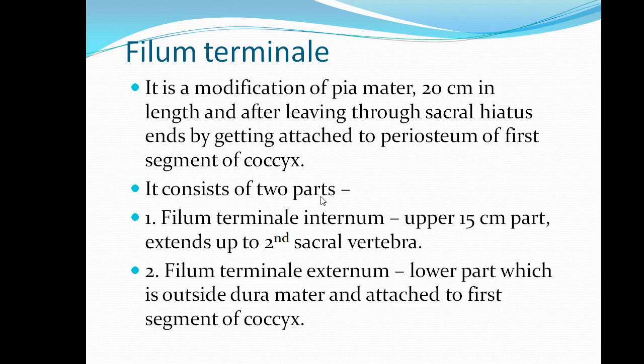It consists of two parts: filum terminale internum, which is the upper 15 centimeter part, which extends up to the second sacral vertebra; filum terminale externum. It is the lower part of the filum terminale, which lies outside the dura mater and attaches to the first segment of the coccyx.